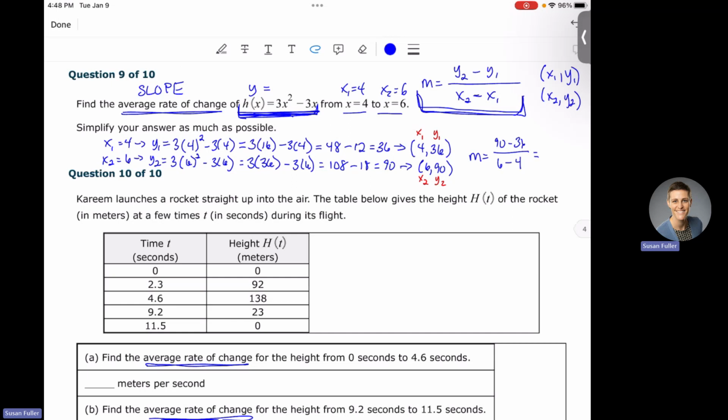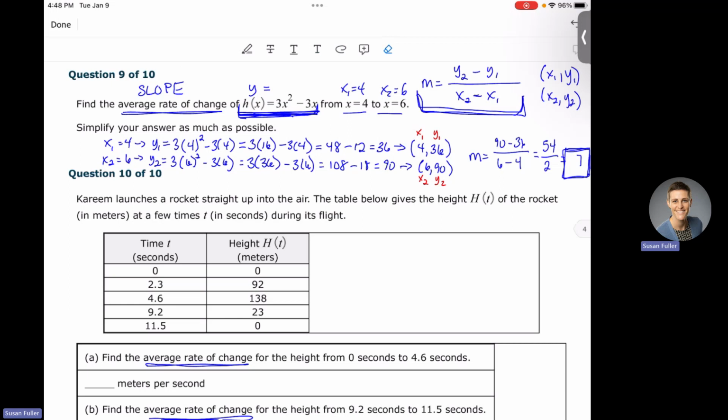Okay, 90 minus 36, that's going to be 54 up here, divided by 6 minus 4, that's going to be 2. 54 divided by 2 is going to be 27, I believe. And so that is average rate of change. So the average rate of change, my slope, is 27.